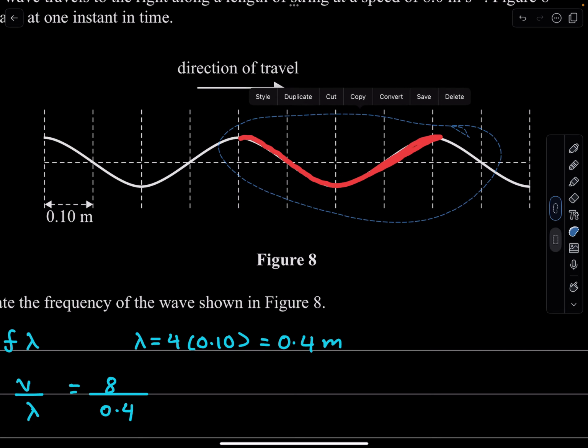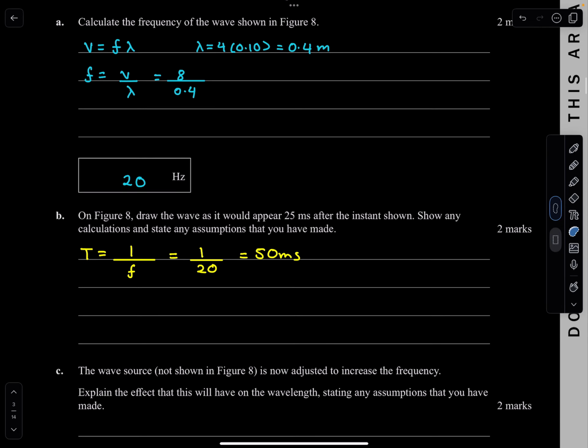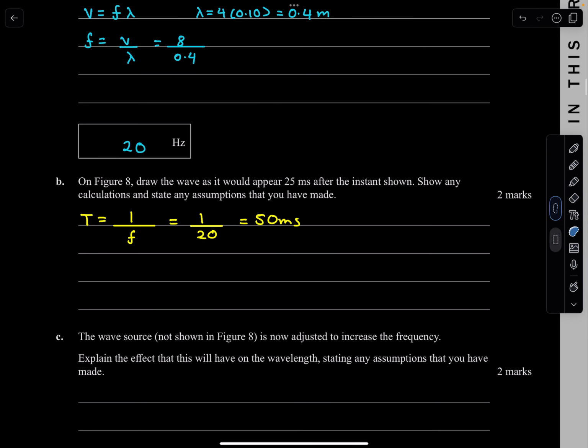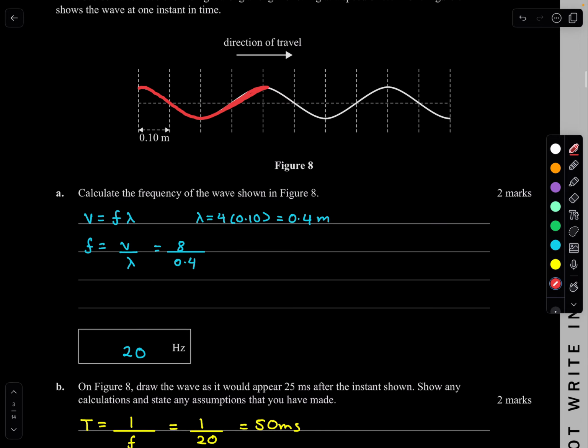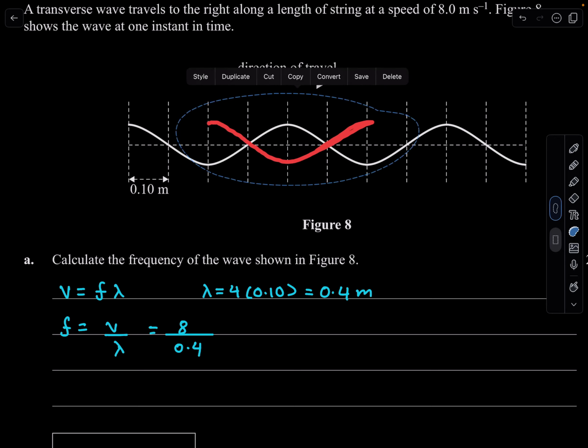But have a look at this. That's 50 milliseconds, but it's saying draw the wave as it will appear 25 milliseconds after, so halfway. So while it was going, it would stop over here, at 25 milliseconds.